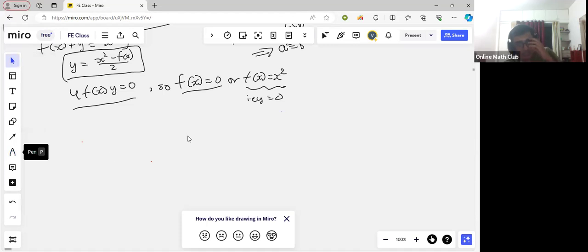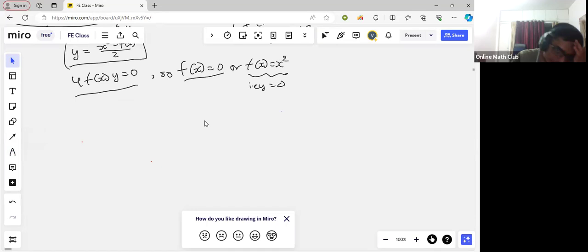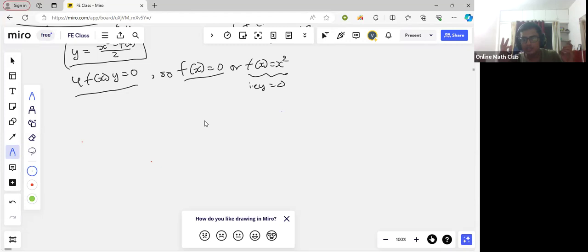So we get that f of x equal to 0 or f of x equal to x square. So here what we have is the pointwise trap. All we have is that each number is either 0 or x square, but we can't say that it's always 0 or always x square. It could be 0 on some values and x square on some values. Is this clear to you?